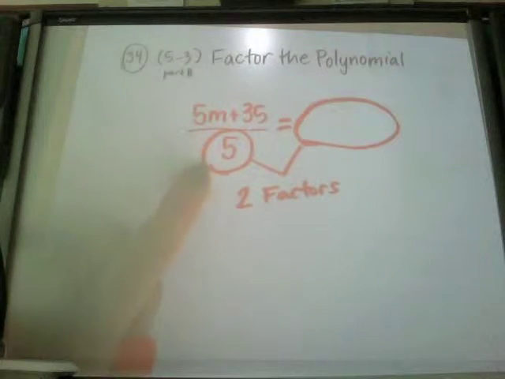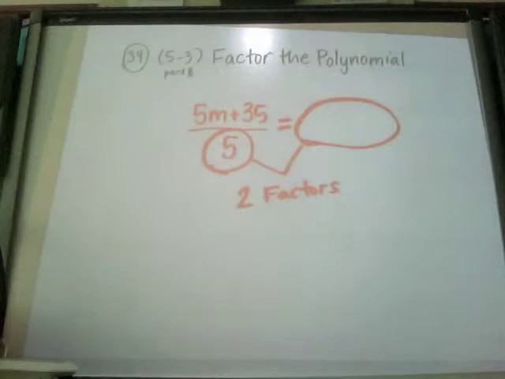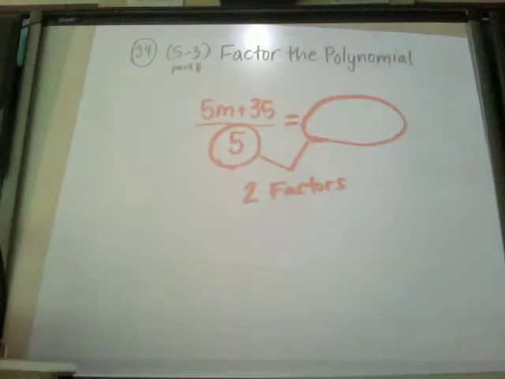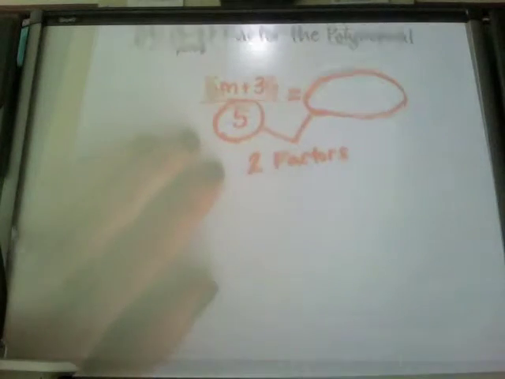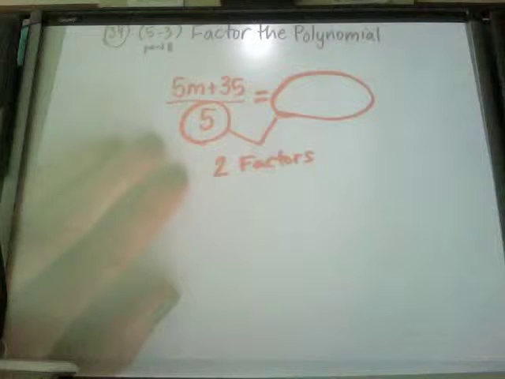So we've already talked about that in the last two lessons, that this number we divide by is a factor and that the answer is the other factor. If we were to multiply those two things, we would get back to the original polynomial. Okay, so that's just reviewing that vocabulary of how we're using factors in this algebraic way.